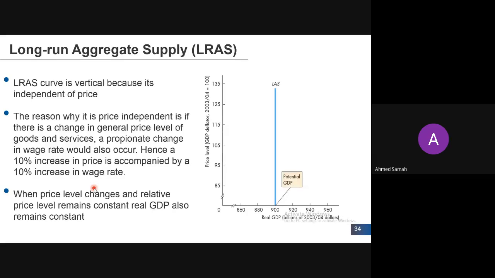So you can afford the same level of output. Overall, the impact will remain constant and the real GDP will also remain constant. That is why the long run aggregate supply curve is vertical and independent of the price.